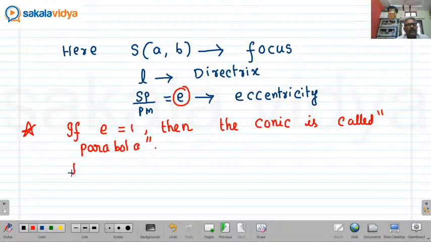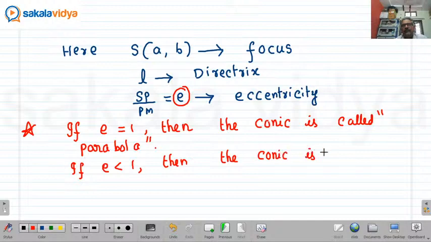Second point, if E is less than 1, then the conic is called an ellipse.